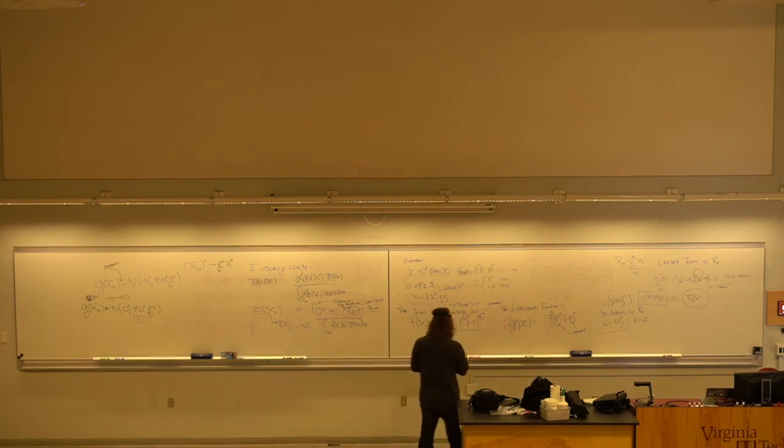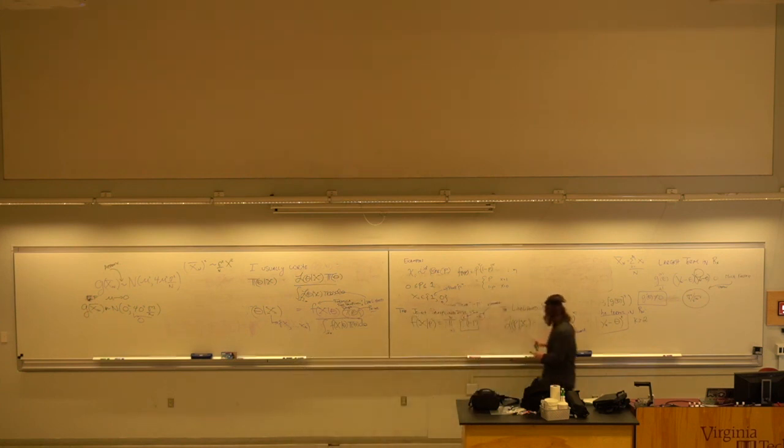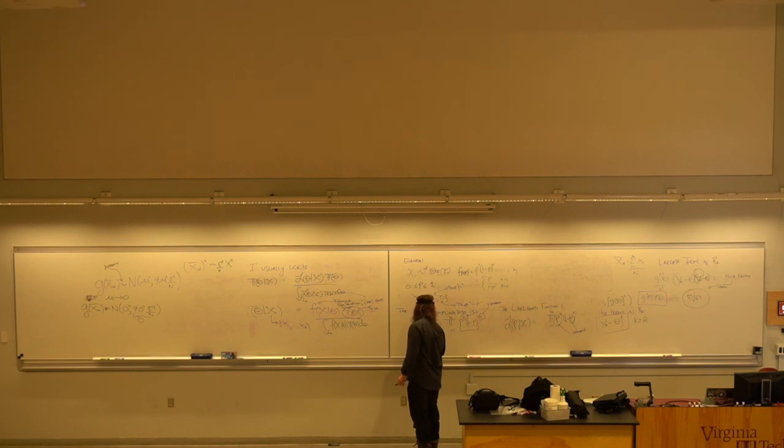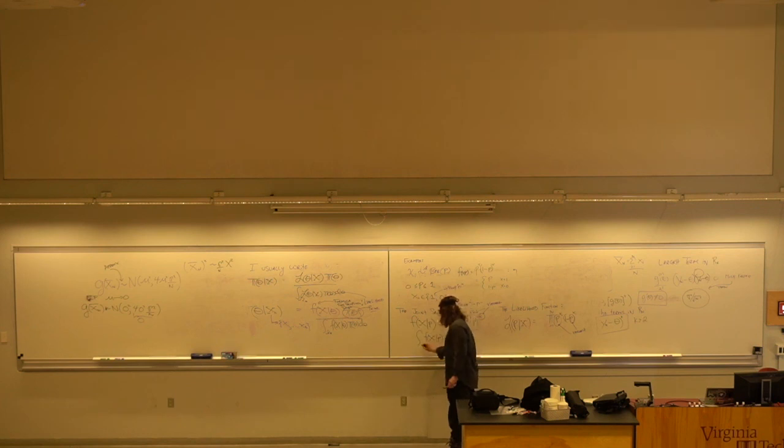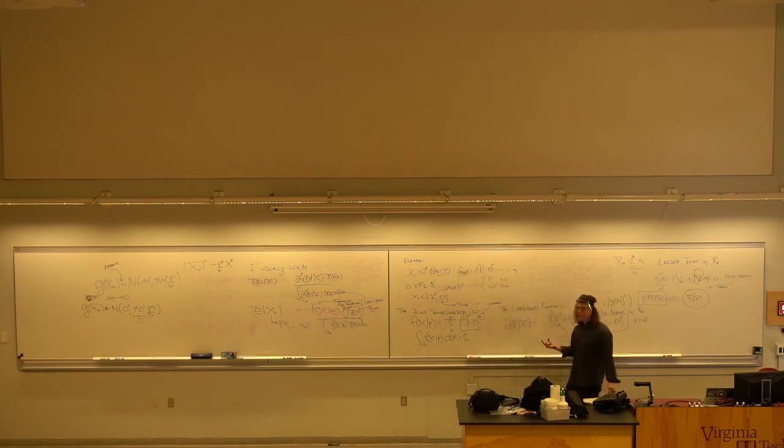So I'll also point out that likelihoods don't have a property that they have to integrate to 1. However, my sampling distribution, if I integrate over x, over the whole space, this has to add to 1. But this doesn't need to be the case. My likelihoods don't need to add to anything.